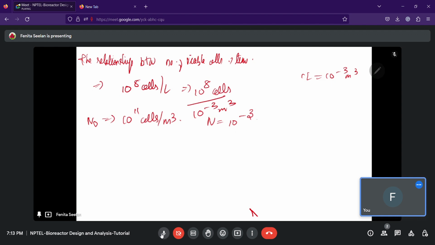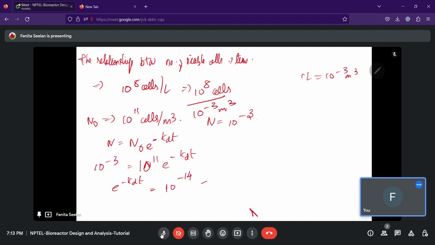So N is equal to N naught e power of minus Kd t. Whatever values you substitute here, 10 power of minus 3 is equal to 10 power of 11 into e power of minus Kd t.